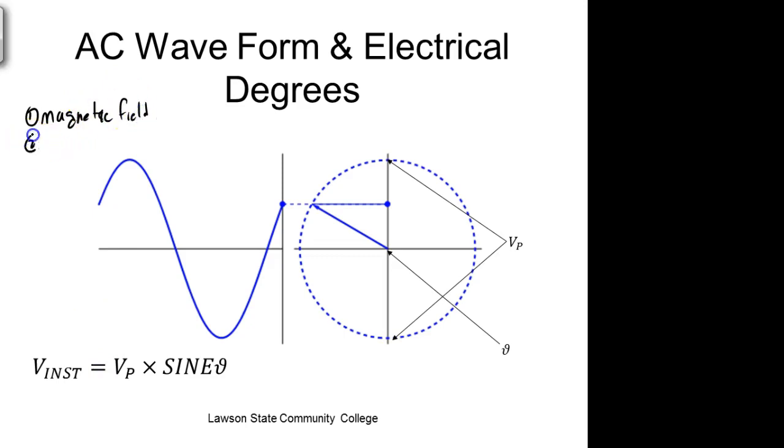Second thing we need: a conductor. What's the third thing we need? No, we're trying to produce the EMF. We're trying to get a voltage, right? Relative motion.